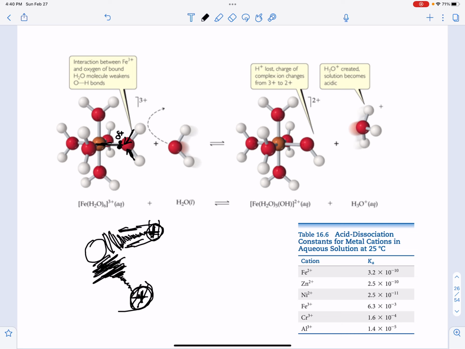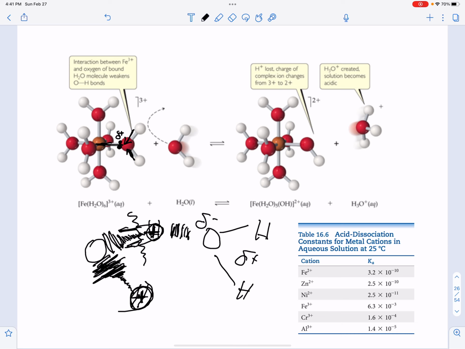Because of that, when you get another molecule of water close by, which is a strong polar molecule, a dipole, it's going to sense that nucleus really strongly, and it's going to break it apart, therefore creating hydronium.